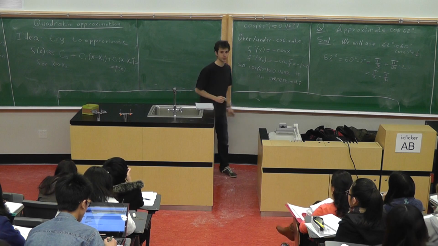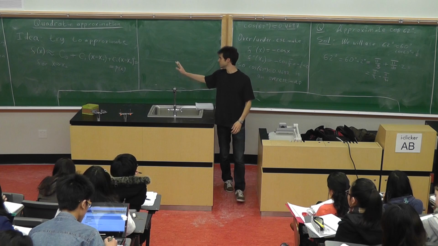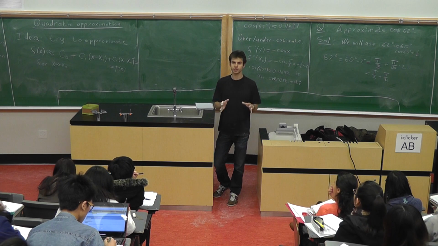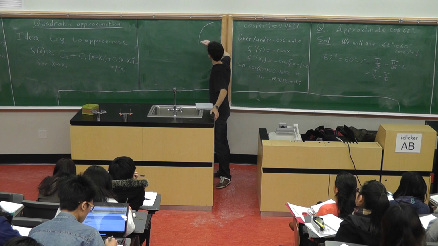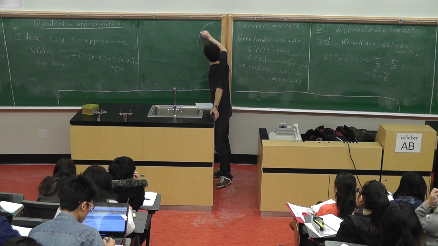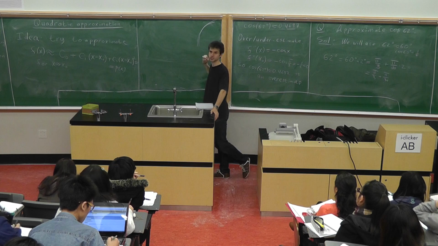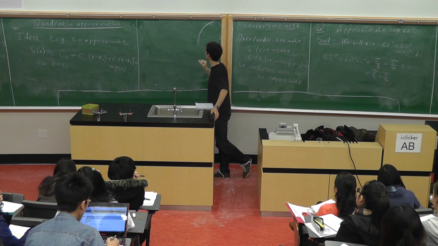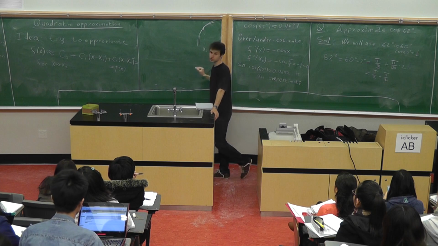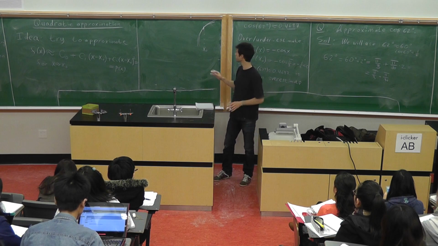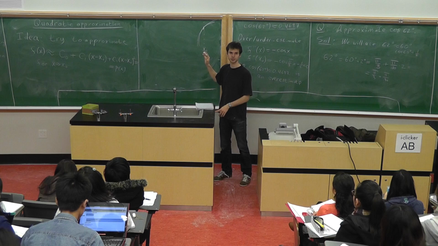So how do we determine for what coefficients this polynomial will be a good enough approximation of my graph? For what coefficients will this graph look like the parabola with such coefficients? Well, there are several things that I might want. At the point x naught, I want my parabola to pass through the point x naught, comma f of x naught.